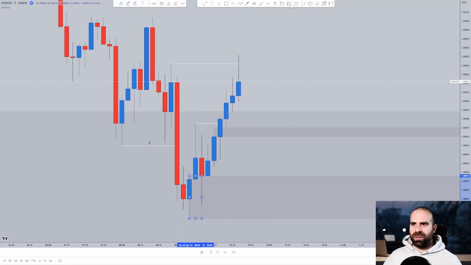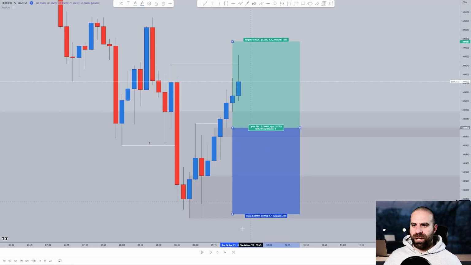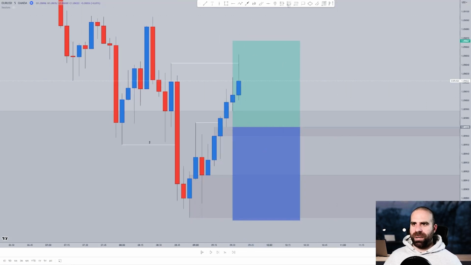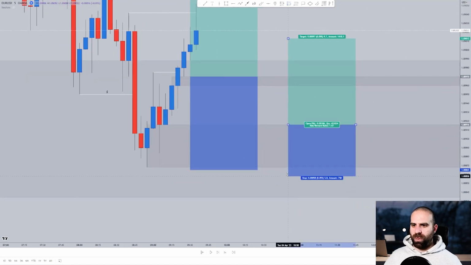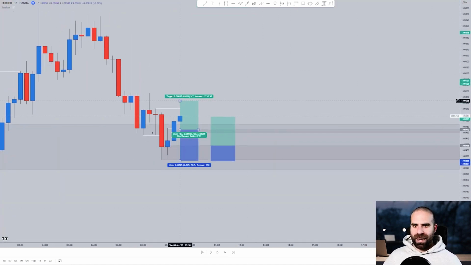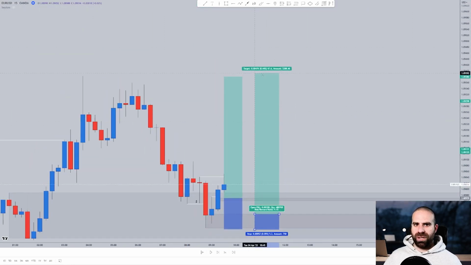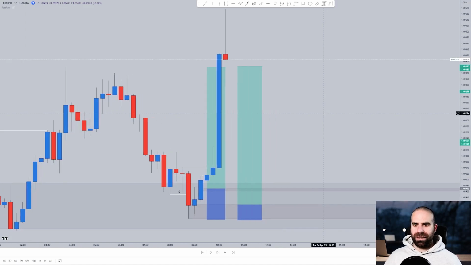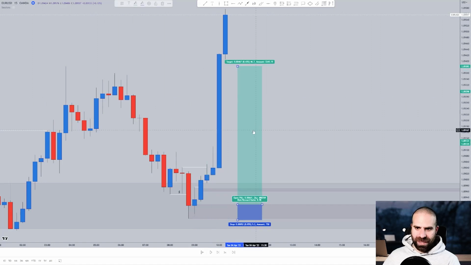And by doing that, you would have two potential trades, one with a 10.5 pips stop loss, and the other one, if you would be expecting a retracement here, with a way smaller stop loss of only 5.2 pips. And the trade would look exactly like that. The first one you would go for a 3.9 to 1, the second one would be a 9 to 1 reward to risk. But as you see, price never came back to activate us into these trades.